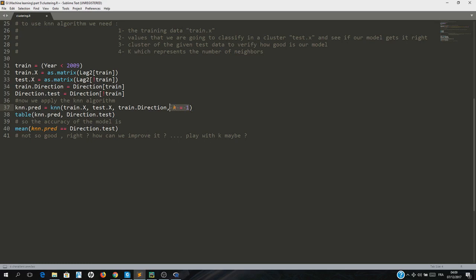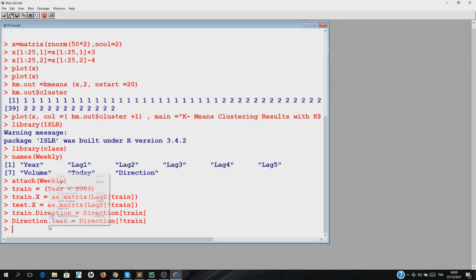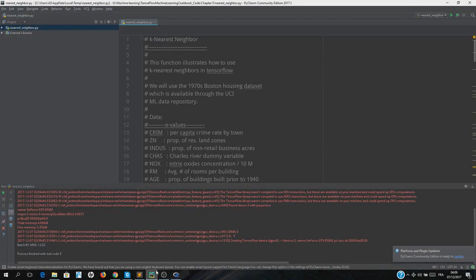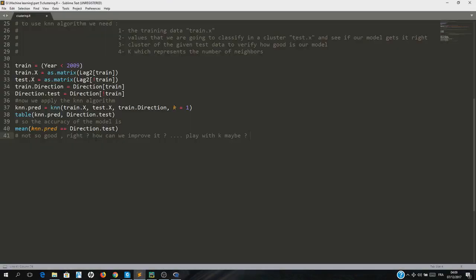That means we look at one neighbor: the closest neighbor, and we classify the point the same as this closest neighbor. So we did it.